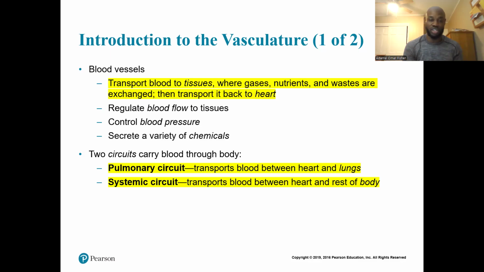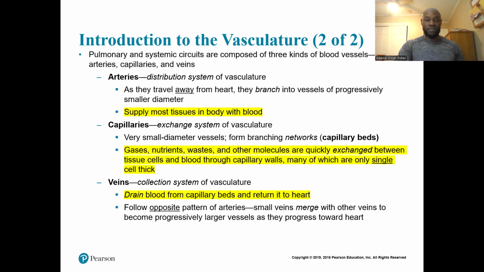So two different circuits, which are very important, clearly, because the oxygen that we breathe in has to get into the bloodstream, pulmonary circuit, and then that oxygenated blood needs to then be transported through the body so that it can get to the body, the systemic circuit. So two different circuits, but they're working together to get oxygen to our entire body. Okay. Pulmonary circuit, systemic circuit, very important.